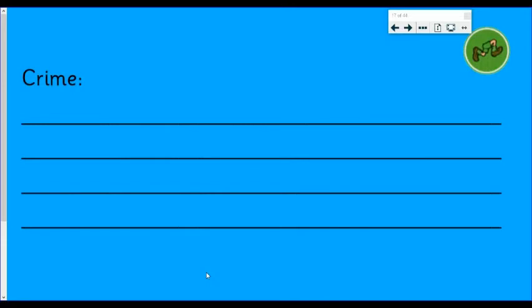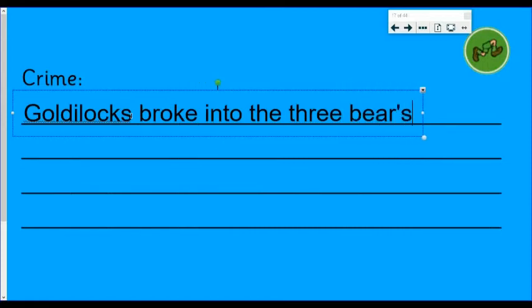So I'm going to start off Goldilocks' name with a capital letter for G. So Goldilocks broke into the Three Bears' house.